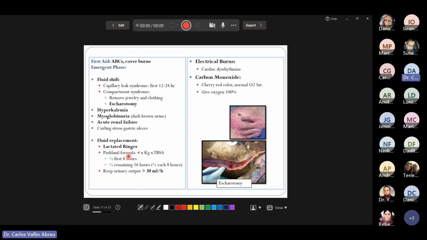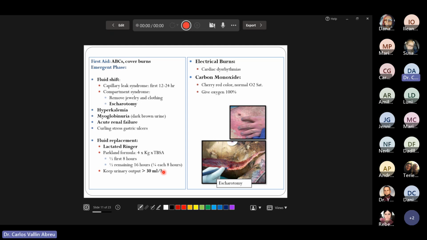Independently of how well the Parkland formula has been calculated and how well you set the pump, you need to verify that the client is receiving the adequate amount of liquid. That's why it's so important in the first 24 hours to measure the hourly urinary output of the client, which should be above 30 milliliters per hour if the amount of liquid is adequate.